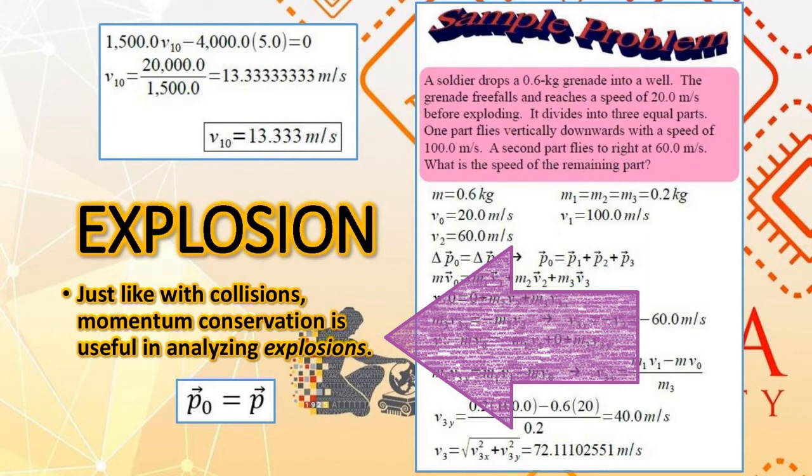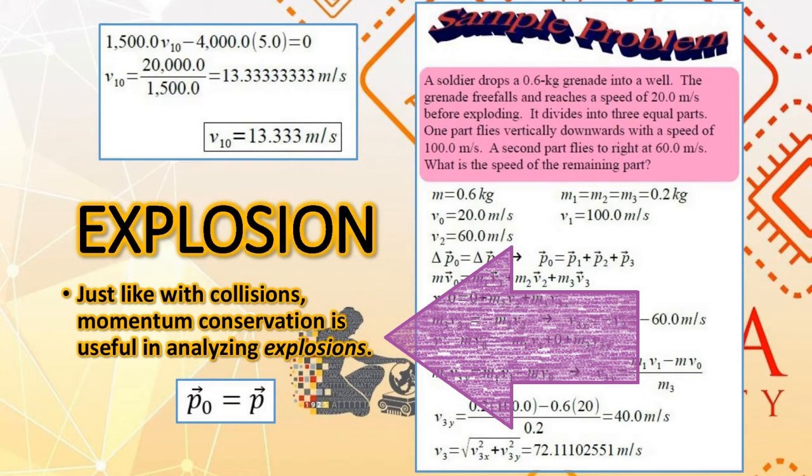You can actually use conservation of energy in analyzing explosions, but that's only if you can account for the kinetic energy of each and every piece of the object before and after the explosion, and you also have to take note of the energy that is converted into heat and sound during the explosion.